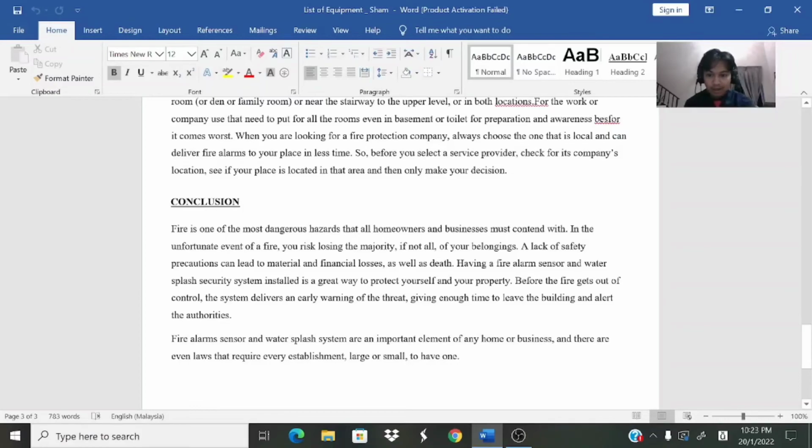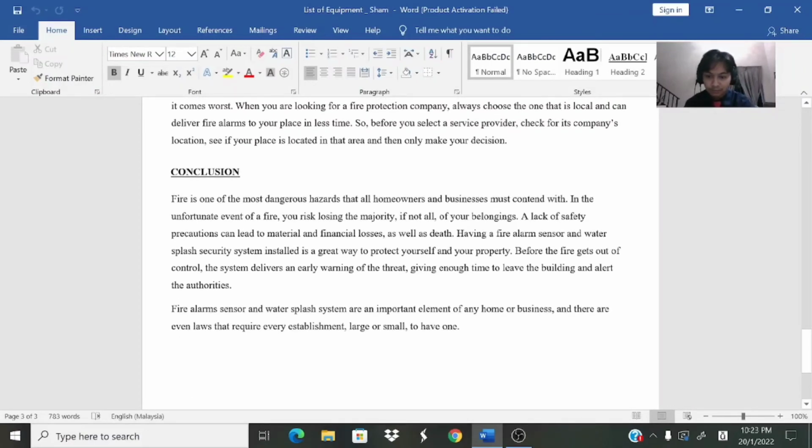So the alarms can give the consumer a warning for early escape and community safety. And then fire alarm sensor and water splash systems are important elements of any home or business, and there are even laws that require every establishment, large or small, to have one.